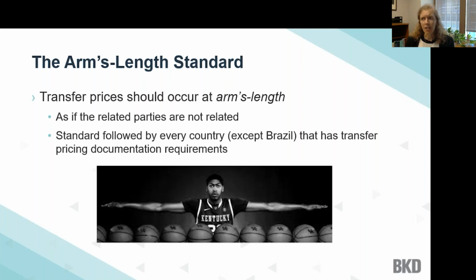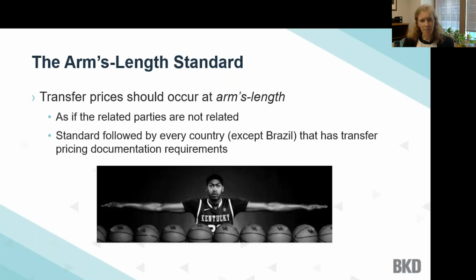And what you're trying to demonstrate is that these two related parties are really interacting as if they're third parties. Okay. Now, Brazil takes a more formulaic approach where you're calculating formulas based on the type of intercompany transaction that's going on, and frankly, it can get a little messy.